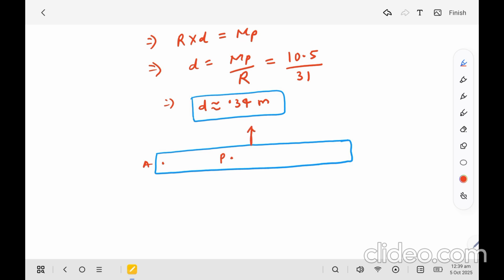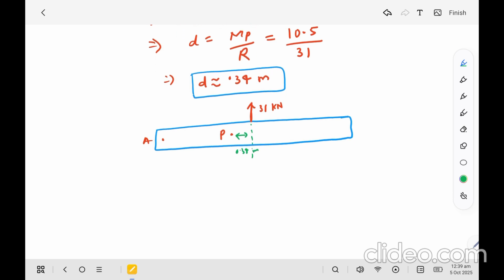Because this is plus 31, this is the 31 kilonewton here. The distance from this to this is 0.34 meter.